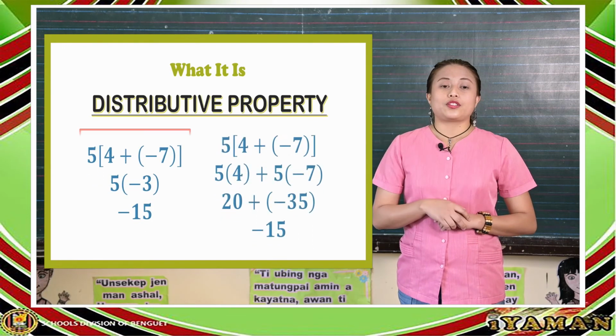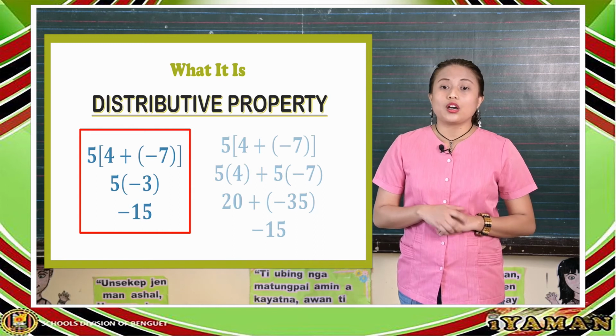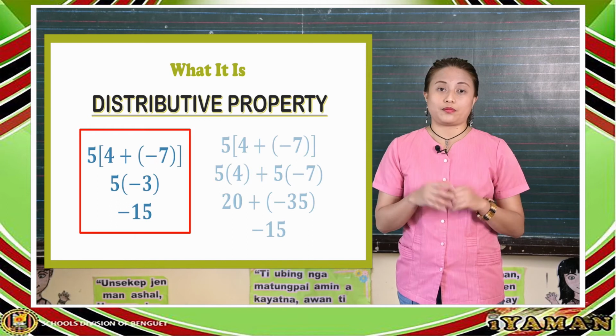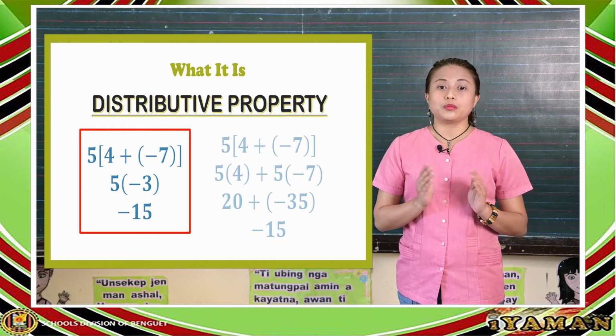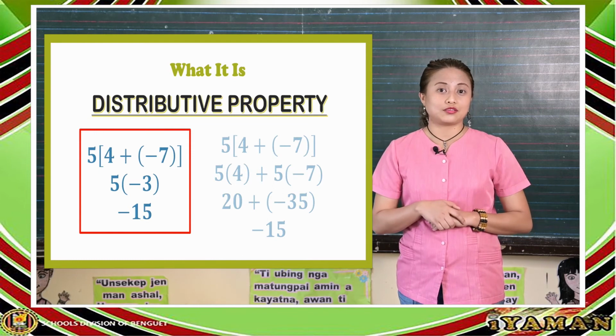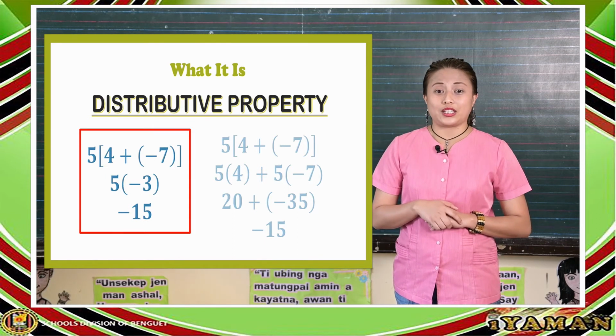Let's discuss the first solution. Here, according to the rules of PEMDAS, we are going to do the operations inside the parentheses first. So we have 4 plus negative 7 is equal to what number? That's right, it's negative 3.